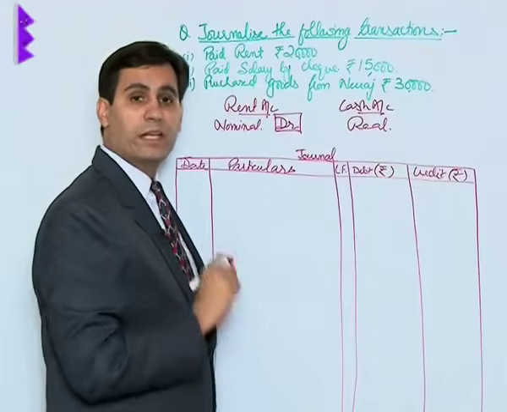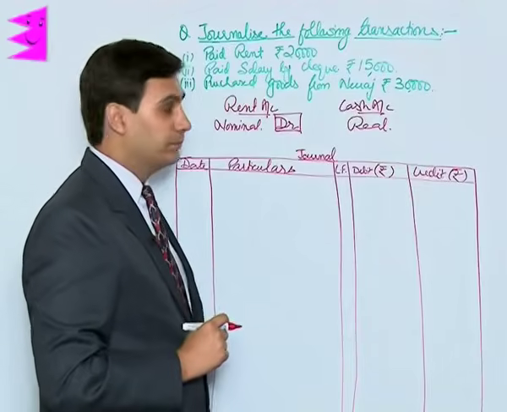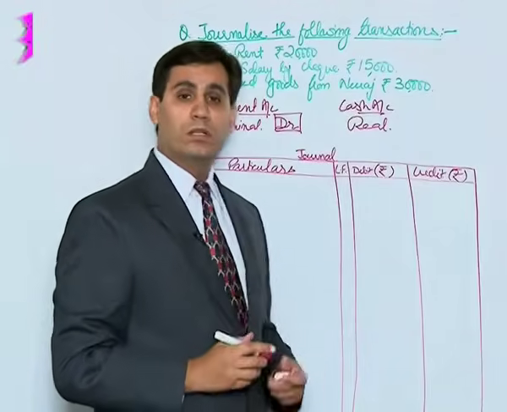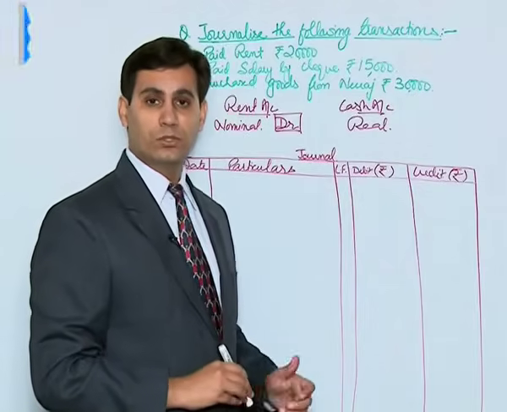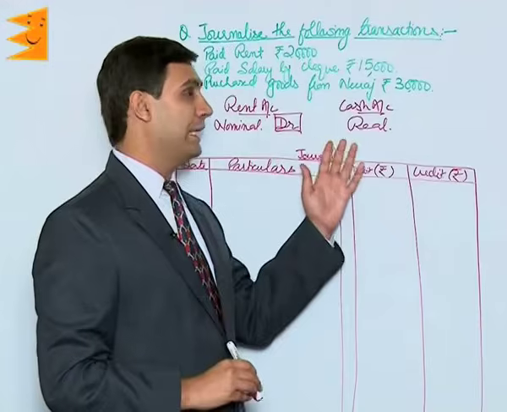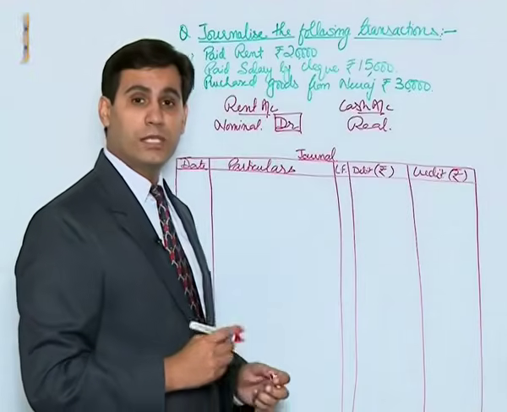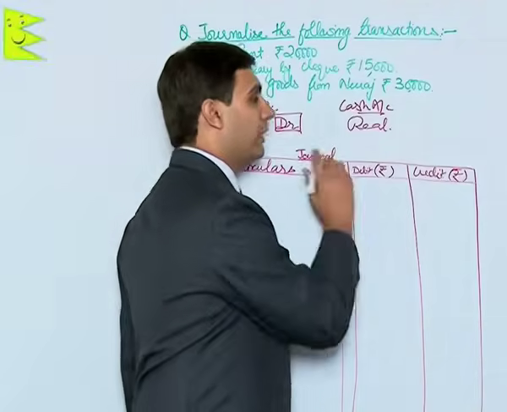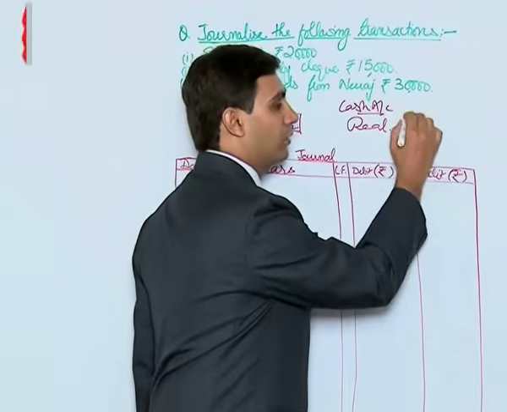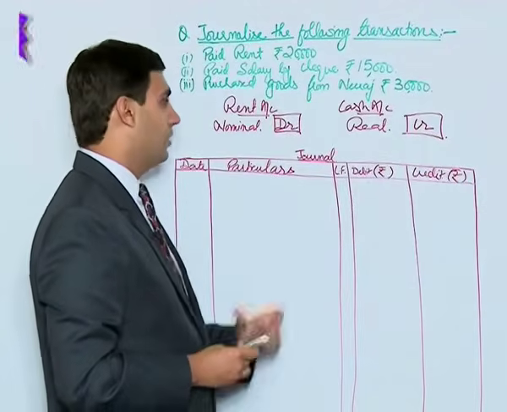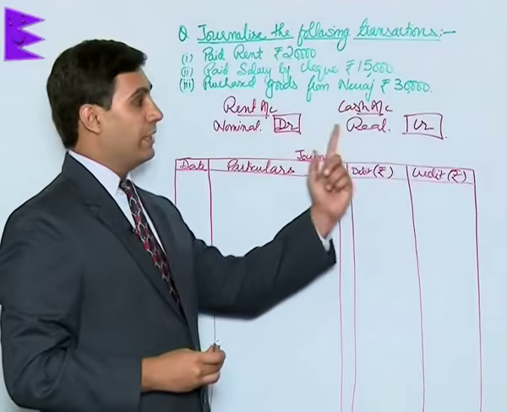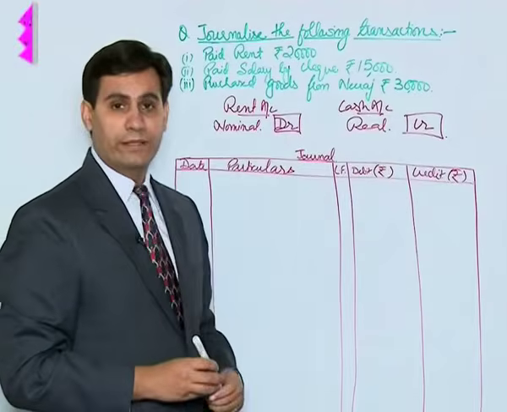That means rent account would be debited. Coming to cash account, the rule for real account says debit what comes in, credit what goes out. Now since we are paying rent, cash is actually going out. Cash is going out, that means credit what goes out. So it is now clear that in this transaction, rent account is being debited and cash account is being credited.